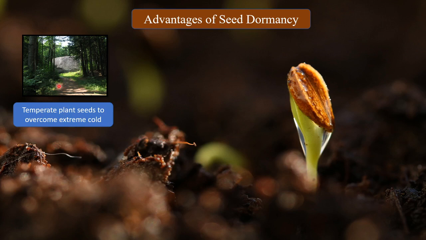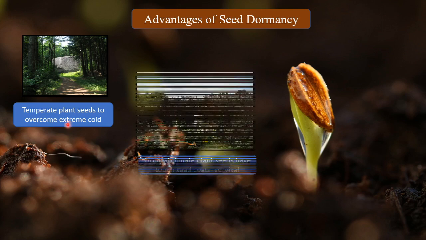So it is useful for the plant to undergo dormancy in such an unfavorable climate. For temperate plants, it would be a very cold or a very hot climate. To overcome that, the plant will undergo the period of dormancy. The seed will undergo dormancy.